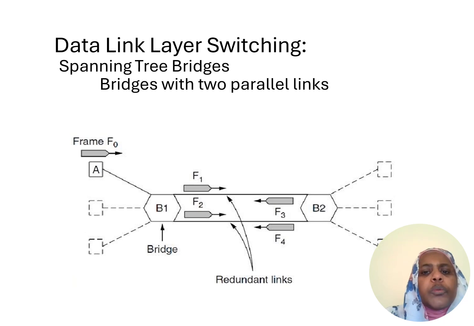Here it will copy to F1 and F2. When it reaches B2, if B2 does not know the destination, it will also flood the frame to all its ports, copying it to F3 and F4. F3 and F4 will reach P1. P1 does not know where the destination is. It will flood it again, creating F5 and F6, and this will create an infinite loop.